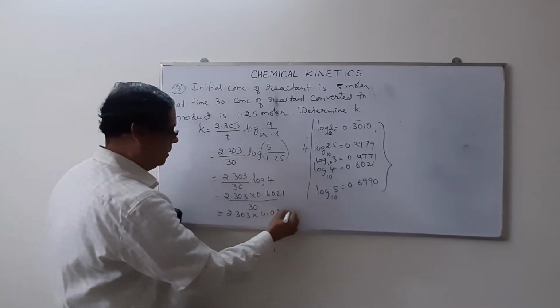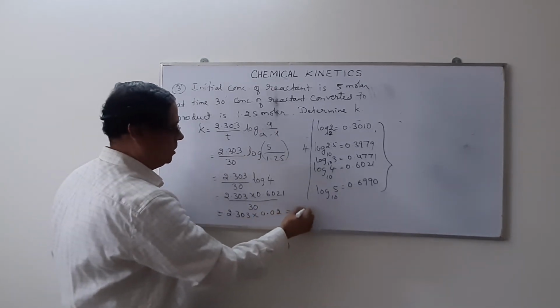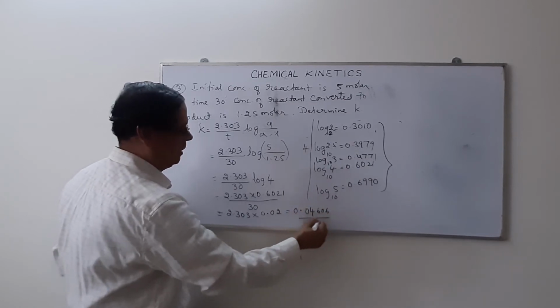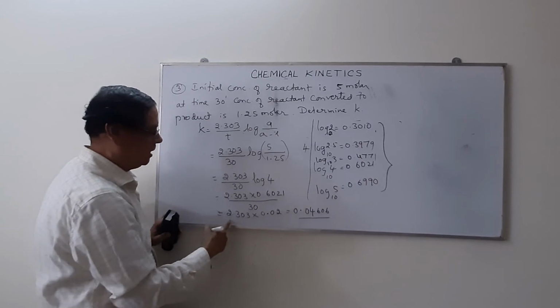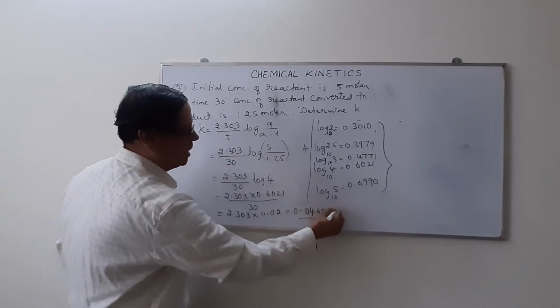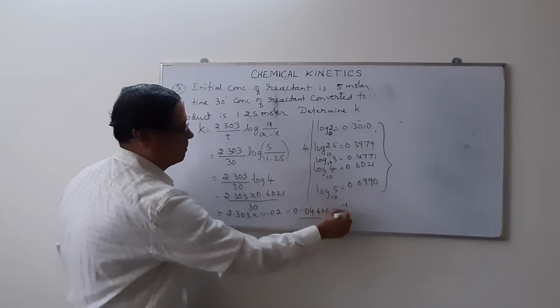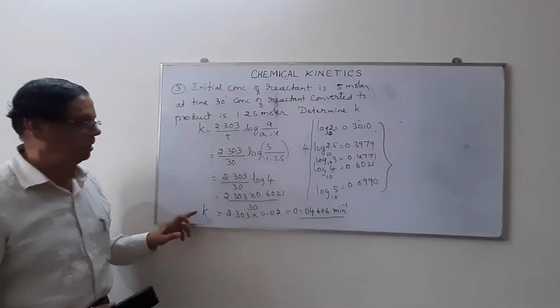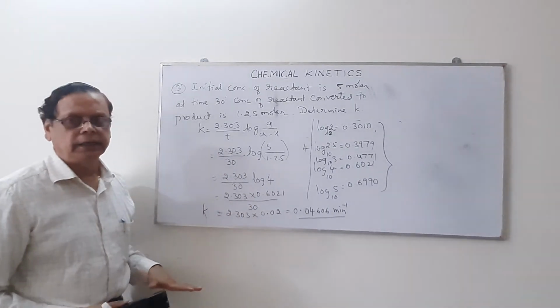Therefore, it will be 0.04606 approximately. The value is expressed in terms of per minute. This is the value of K for a first order reaction.